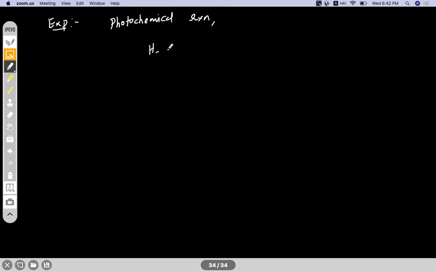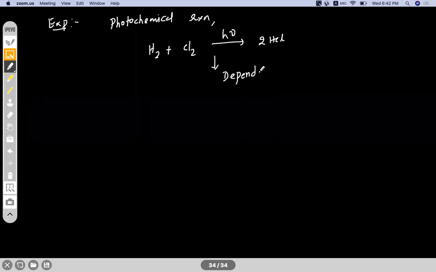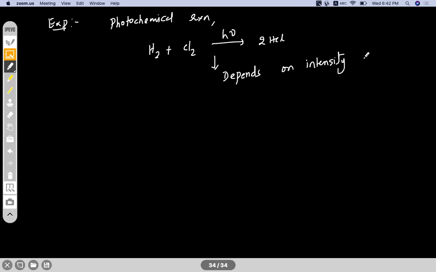H2 plus Cl2 gives, in presence of light, 2HCl. So this reaction depends on the intensity of light. More intensity, faster will be the rate.